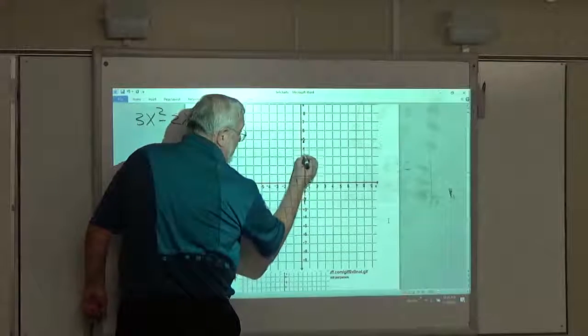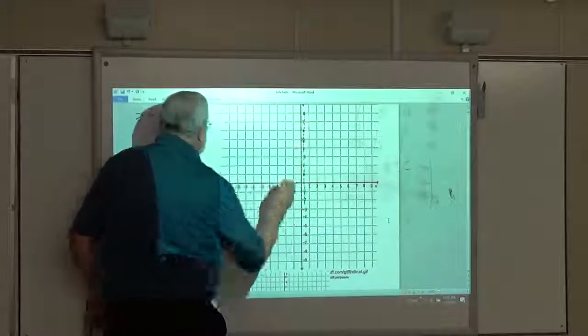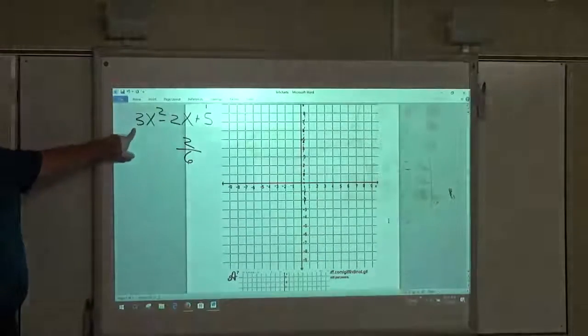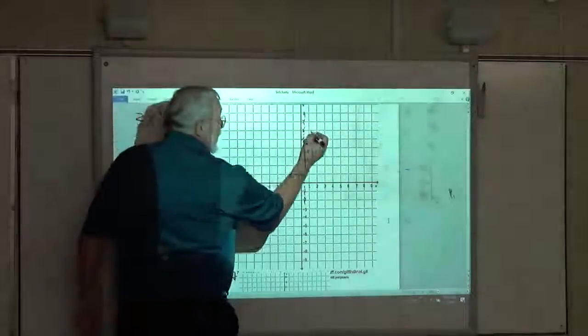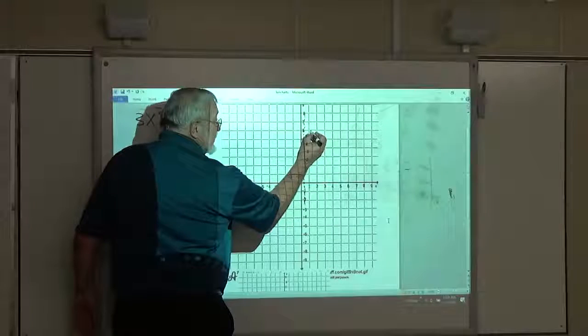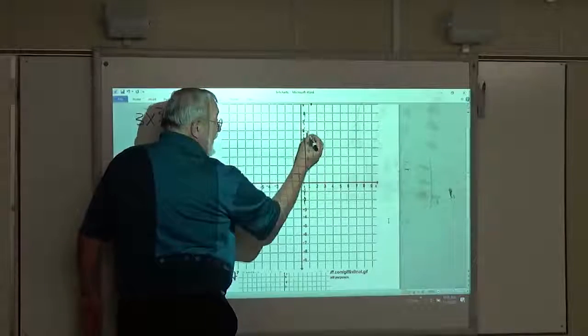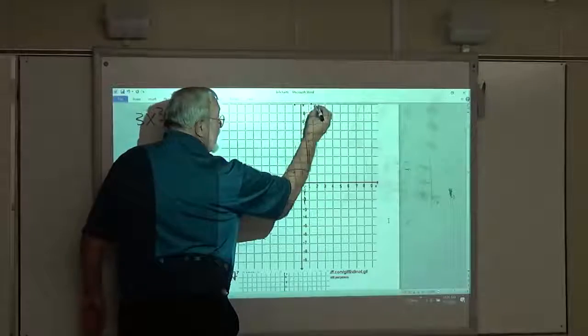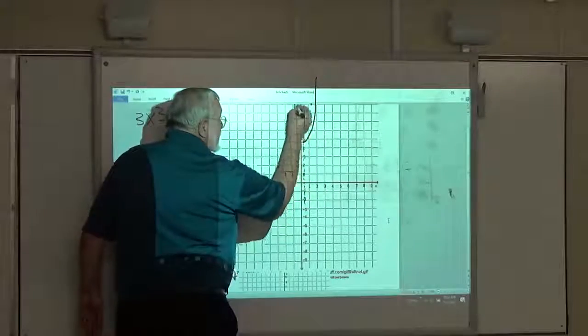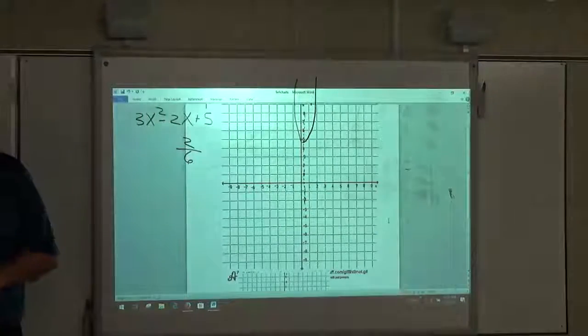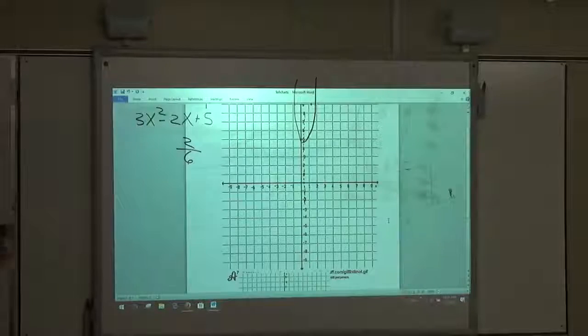Okay? So, this is 3. If I go over 1, I go up 1 times 3. And it's symmetrical, so I'm going to be right there, and that graph is going to look like this. Very skinny.